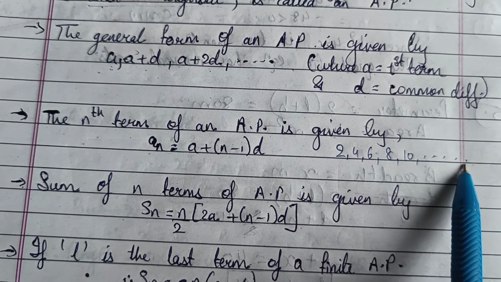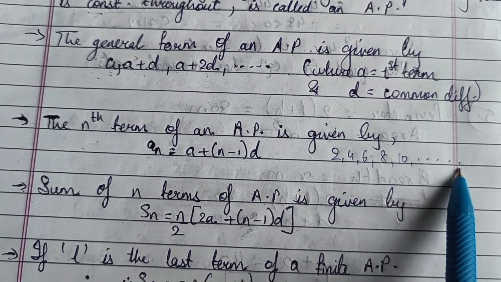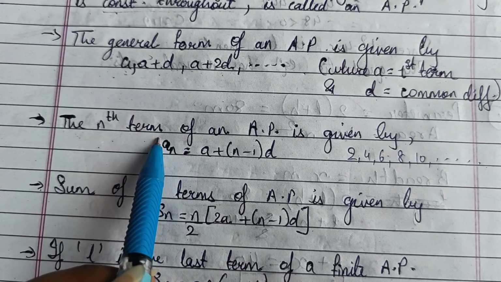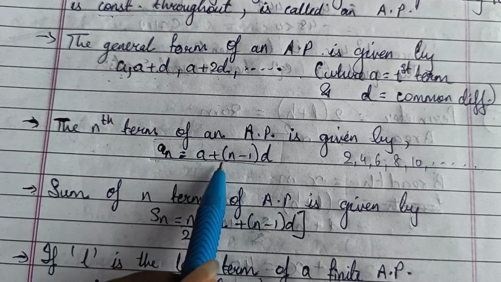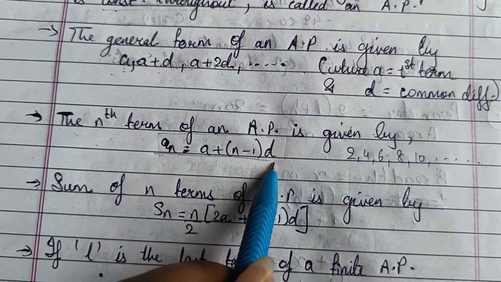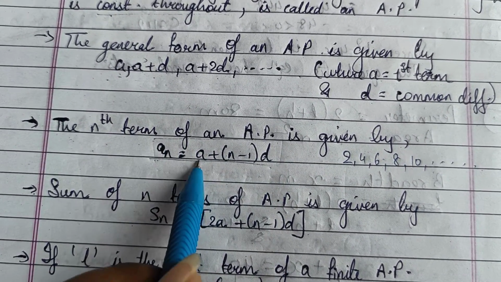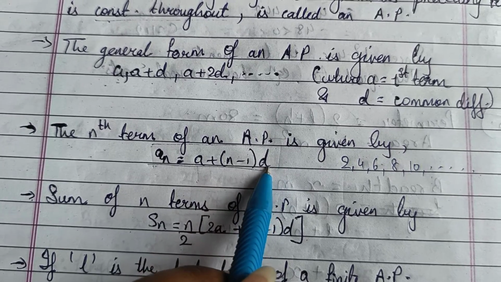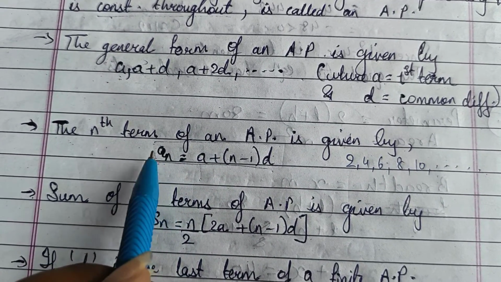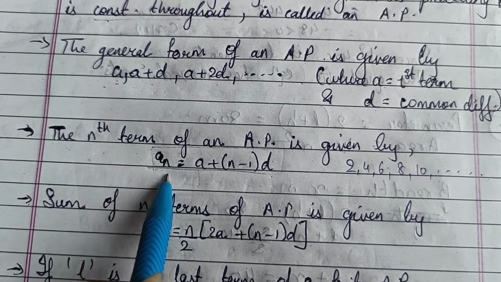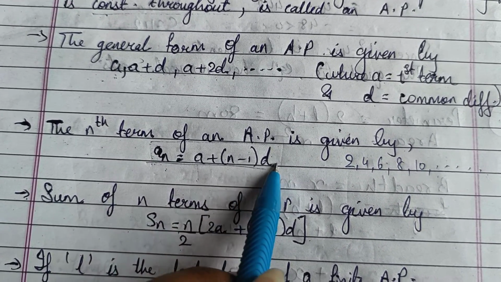So we want to find the nth term of this series, and that is given by this formula: an equals a plus n minus 1 into d. Here a is your first term and d is your common difference. This n is your nth term. For the nth term we write an equals a plus n minus 1 into d.